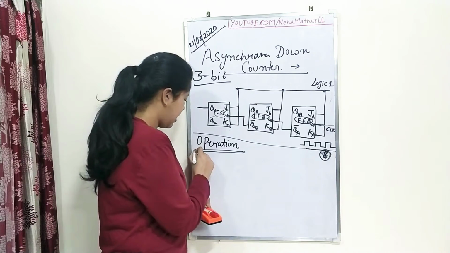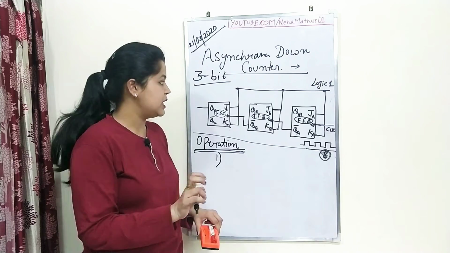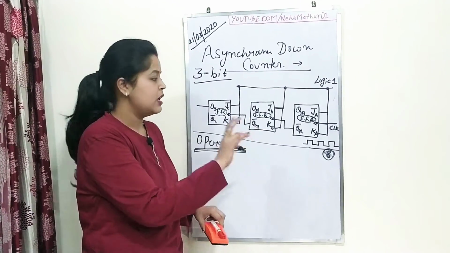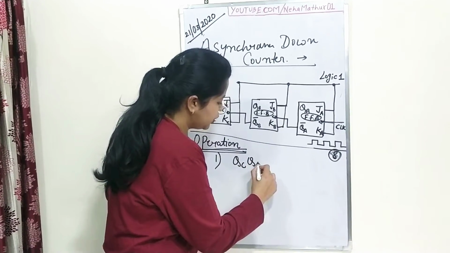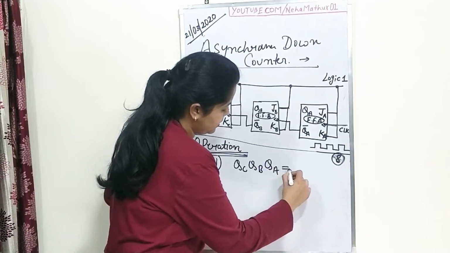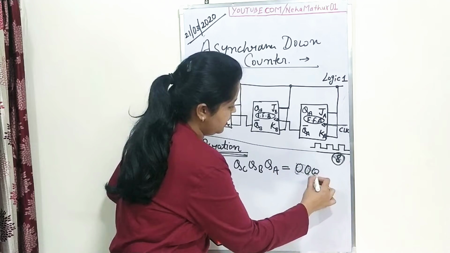Now as we start the operation, the first important step is to initially set all the flip-flops at reset condition, that is QC, QB and QA equal to 0, 0, 0, the reset state.